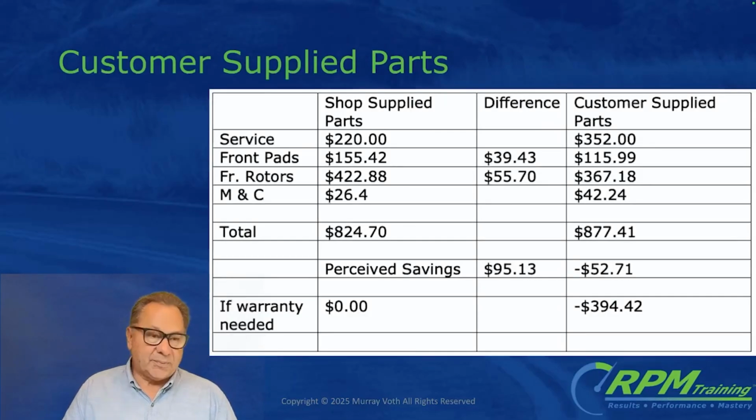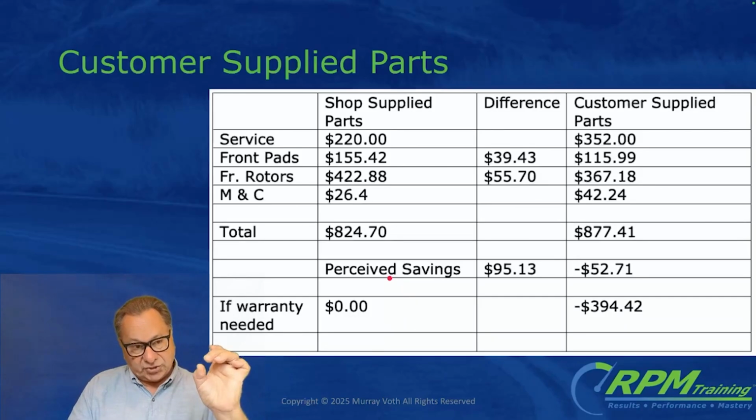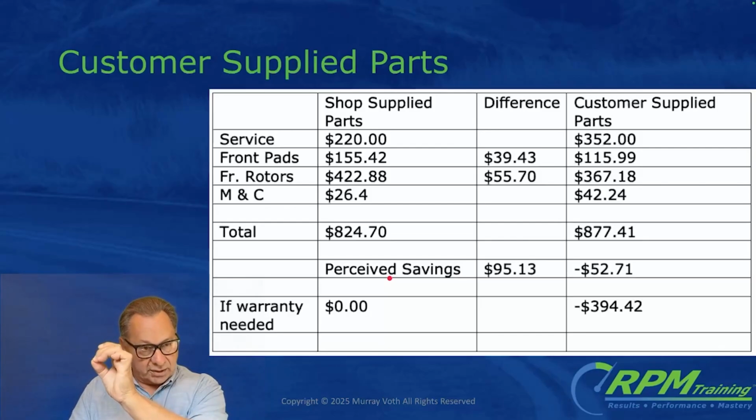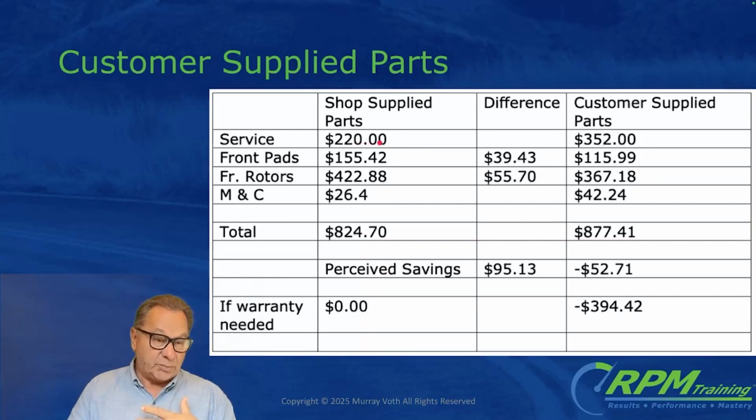So here's an example of an estimate done with my truck, in a particular marketplace with a jobber store and that company's online presence in that area code. The shop's retail price through their matrix was $220 for the service, $155 for the pads, rotors, materials and consumables, for a total of $824.